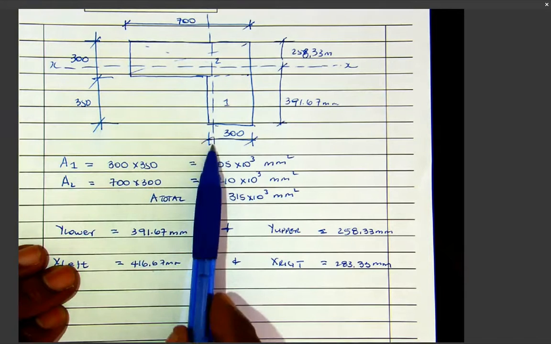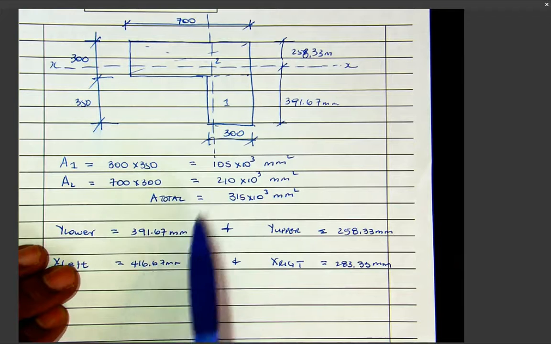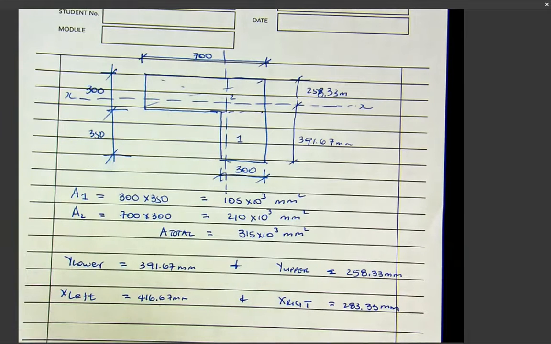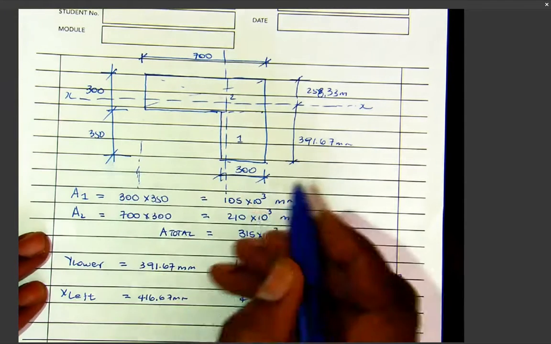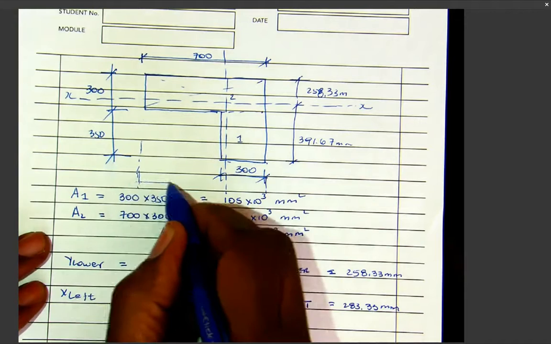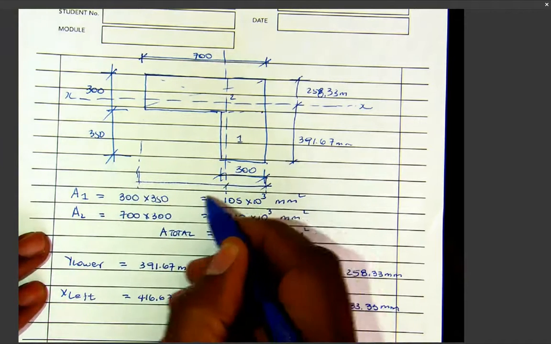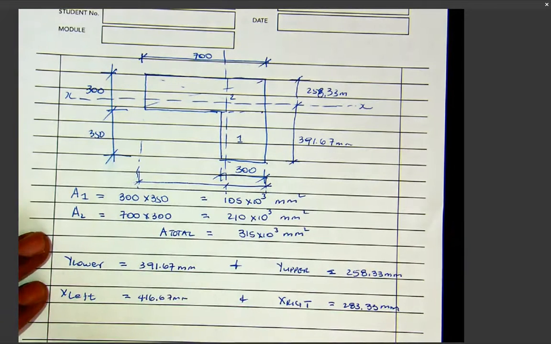So 416 is going to be somewhere there. You don't have to be exact, guys, but at least it might make sense when you are plotting those x left and those x right. It must make sense, because if it doesn't make sense, you're going to have a problem when calculating your IXX and your IYY.